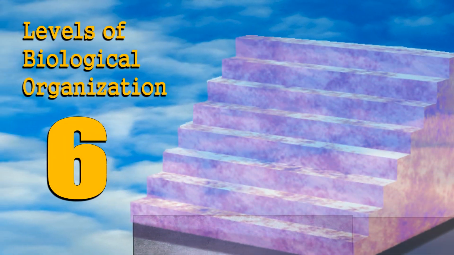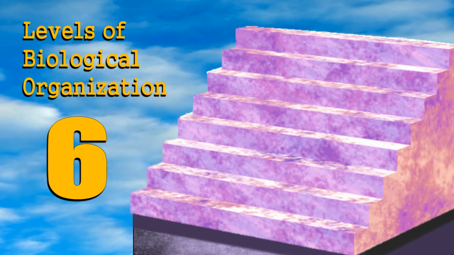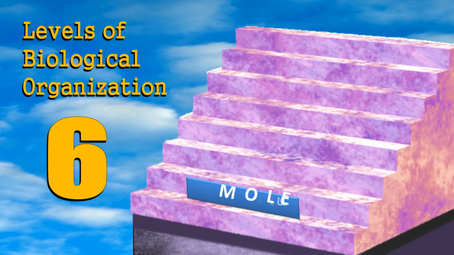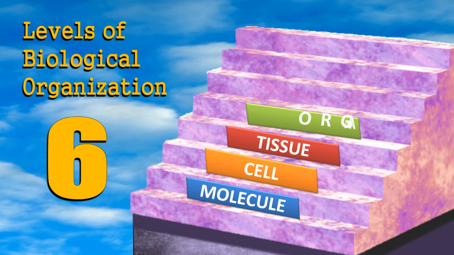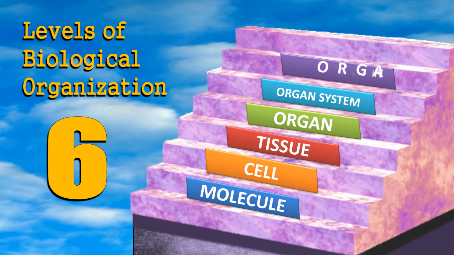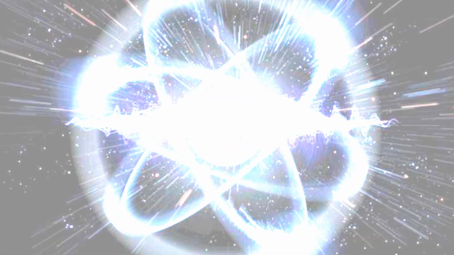So there are 6 levels of biological organization. In ascending order, they are molecule, cell, tissue, organ, organ system, and organism. Now I know some of you are thinking, man, you forgot about the atom.